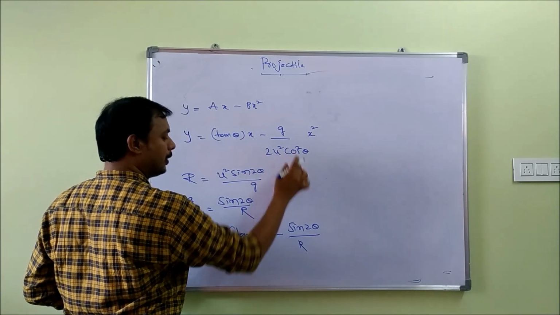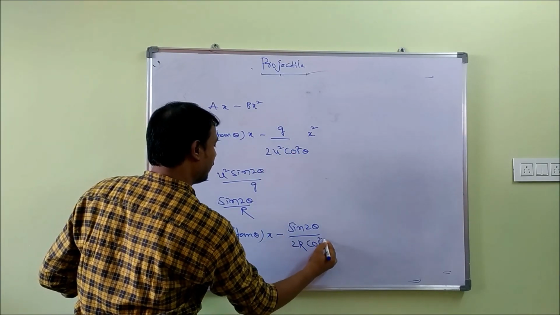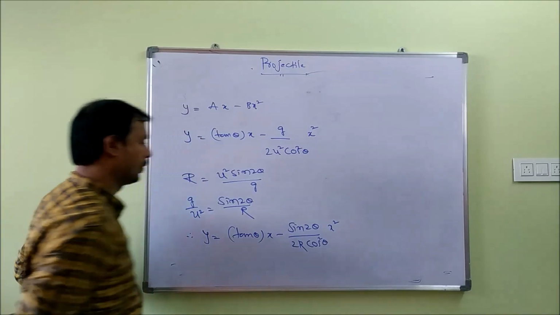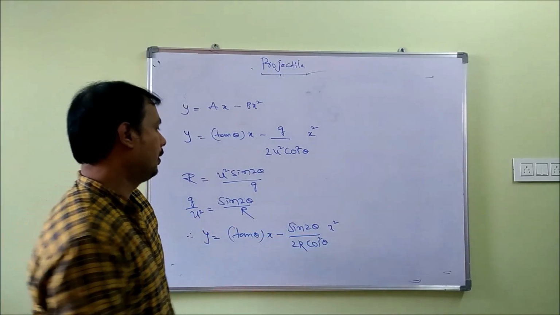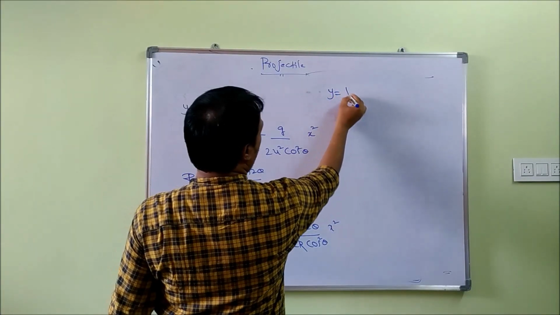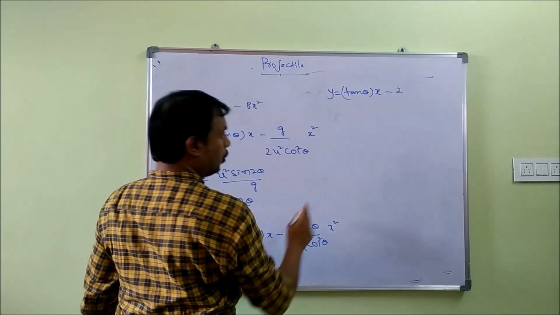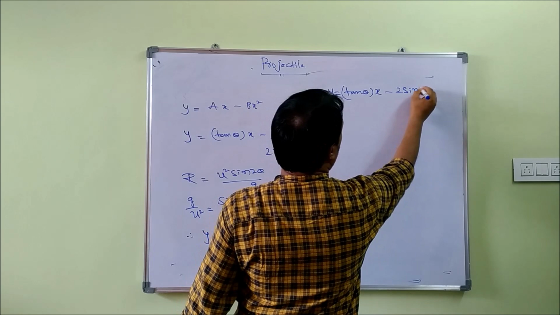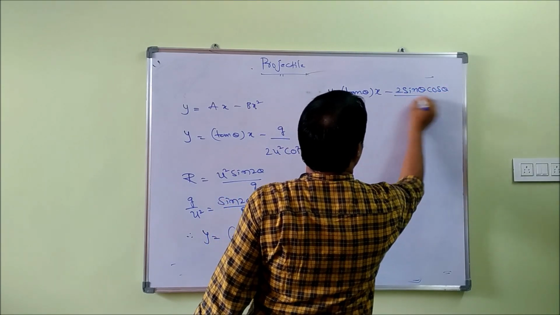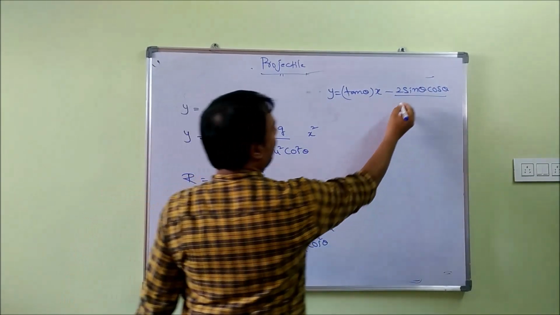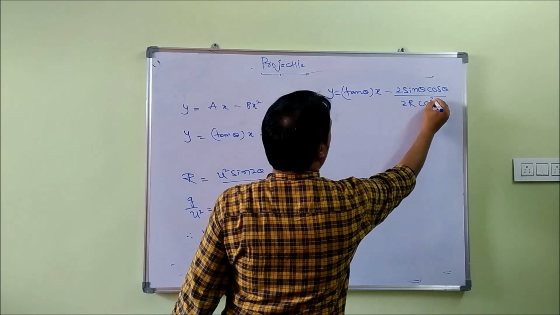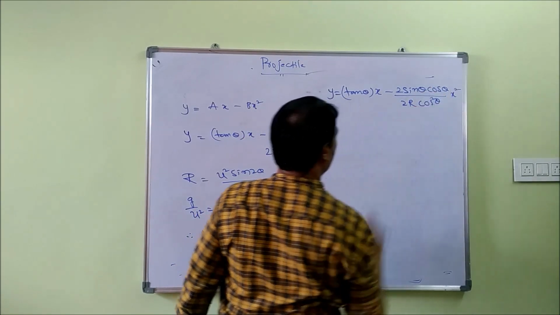into x square by 2 cos square theta. Sin 2 theta, we know that is 2 sin theta and cos theta, by 2r cos square theta into x square.